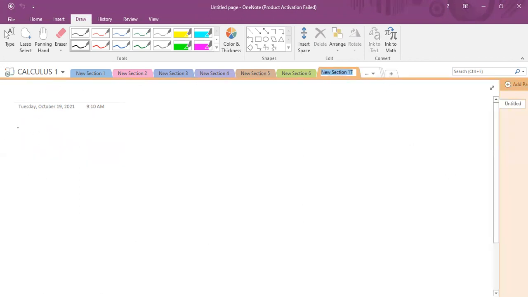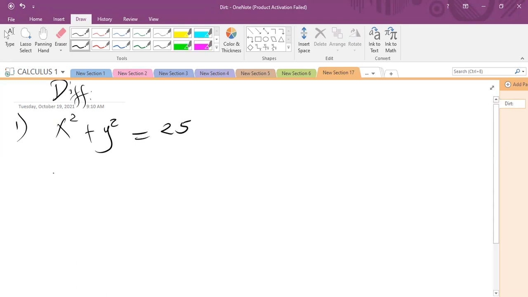Let's look at another example. Let's say you're told to differentiate the following function: x squared plus y squared is equal to 25. So how do you go about differentiating this function? The derivative of x squared is 2x plus, the one for y is 2y, but don't forget there's dy dx, and the derivative of 25 is 0.